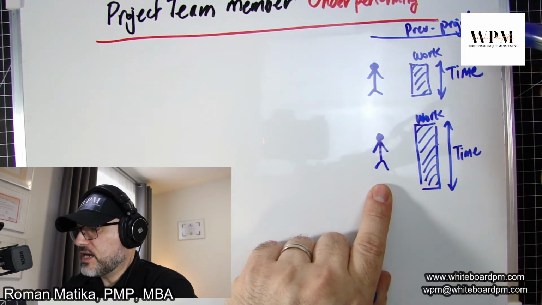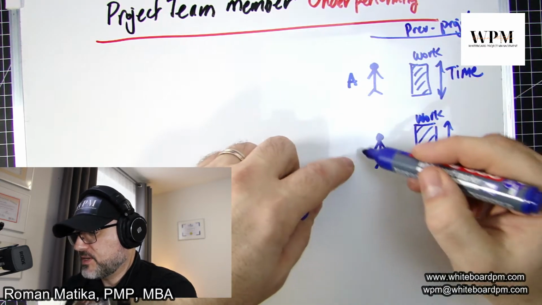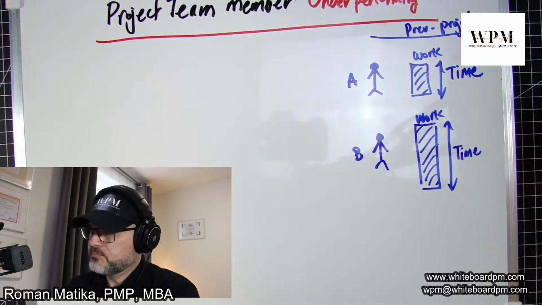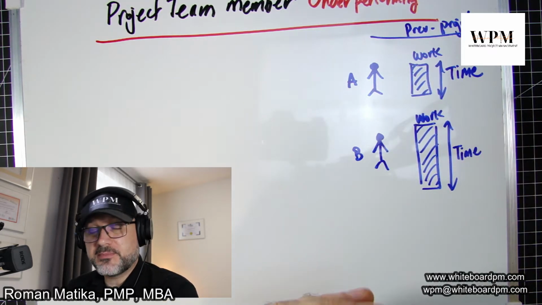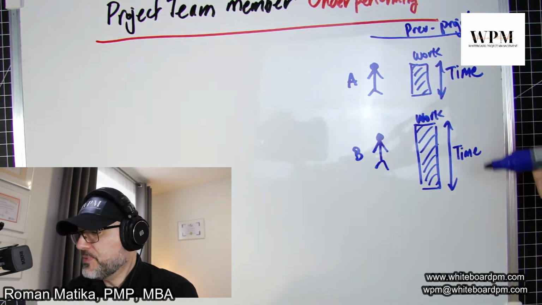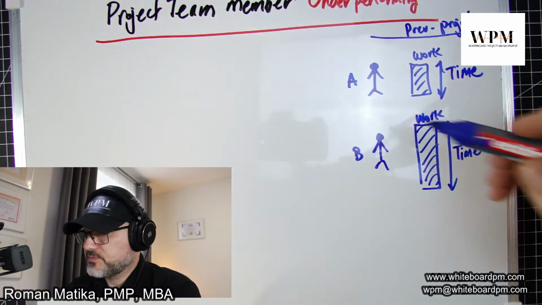So from your previous projects, you know that person A and person B are different. Let's say both are process engineers, or procurement department, or both are electrical engineers or whatever, and you know the performance of their work.